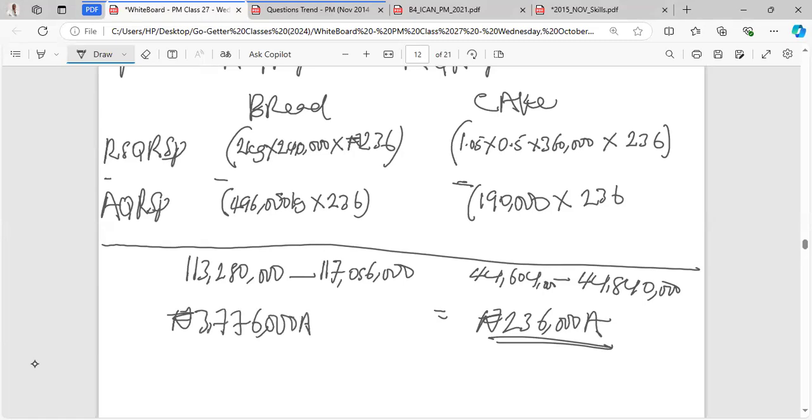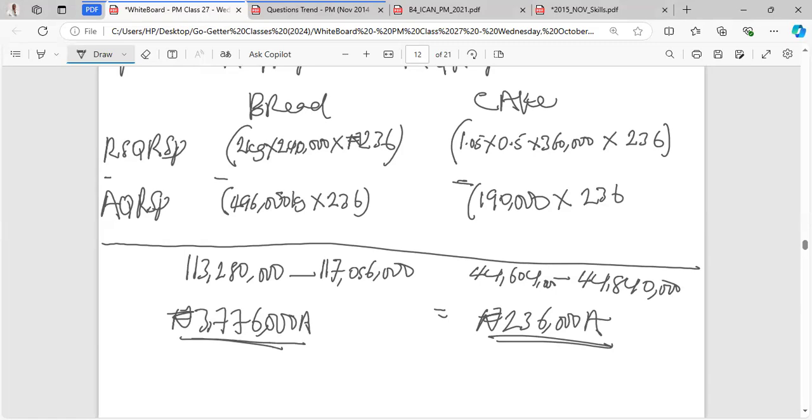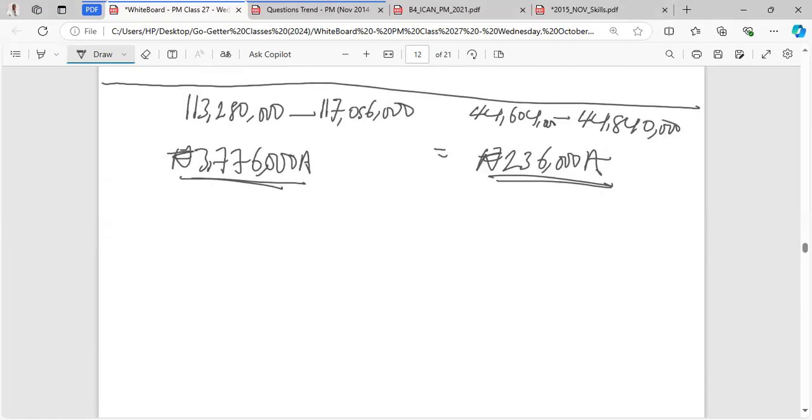So both for cake and for bread, there is an adverse in usage. What kind of people did you employ? There might have been people that you paid cheaply, that's why we get the favorable price variance. But now we are having adverse usage.